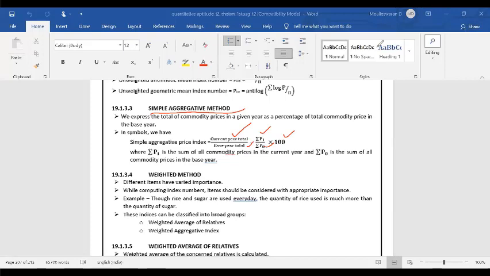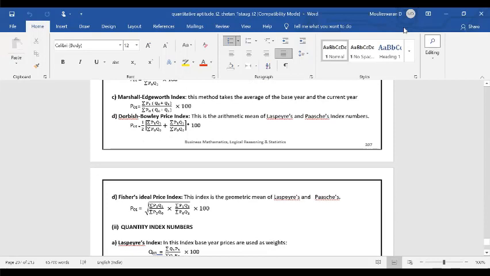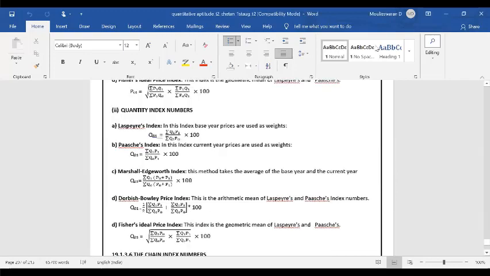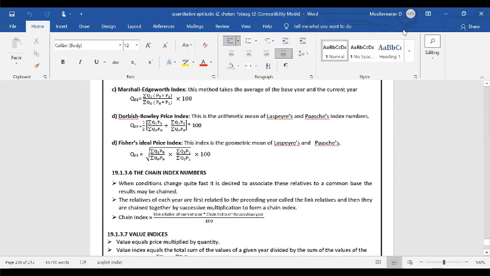Then in the weighted relative method, we have these formulas: Laspeyres, Paasche, Marshall-Edgeworth, and Fisher's ideal. Dorbish you don't have, so don't worry about Dorbish. These are all the formulas which I had told you, for price index and quantity index, both, yesterday.